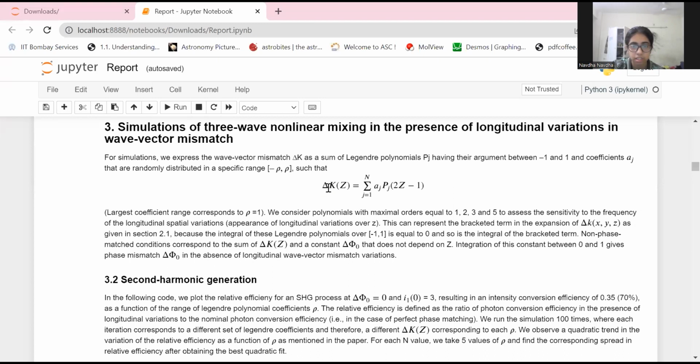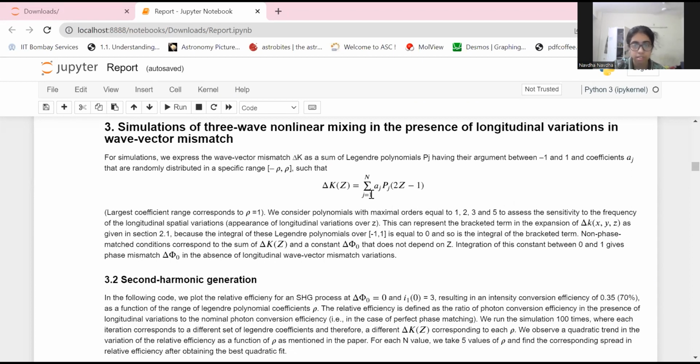So we express the normalized wave vector mismatch as a function of the normalized longitudinal coordinate as a sum of shifted Legendre polynomials with these Legendre coefficients, which are taken randomly from a uniform distribution from minus rho to rho, where rho itself is varying from 0 to 1.